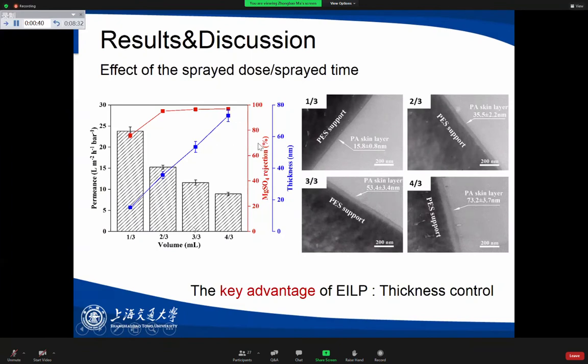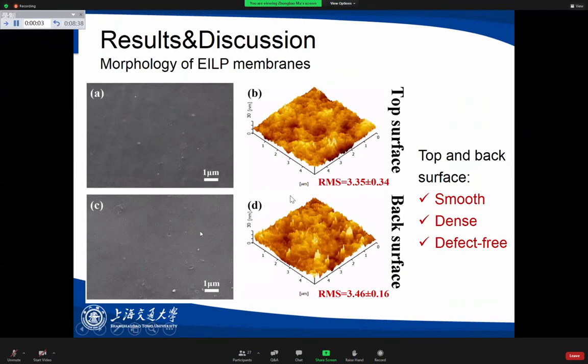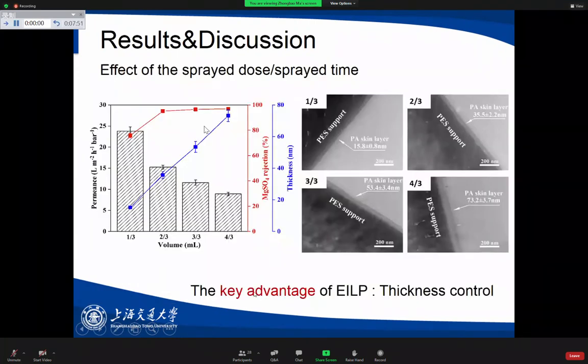So the membrane thickness could be precisely controlled according to the sprayed monomer dosage or spraying time. But when the reaction allows, a minimal thickness is helpful to membrane flux.